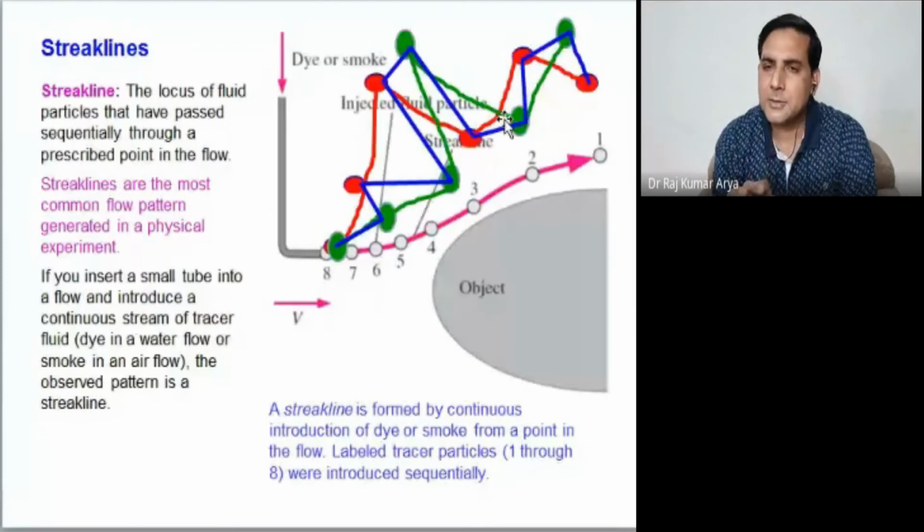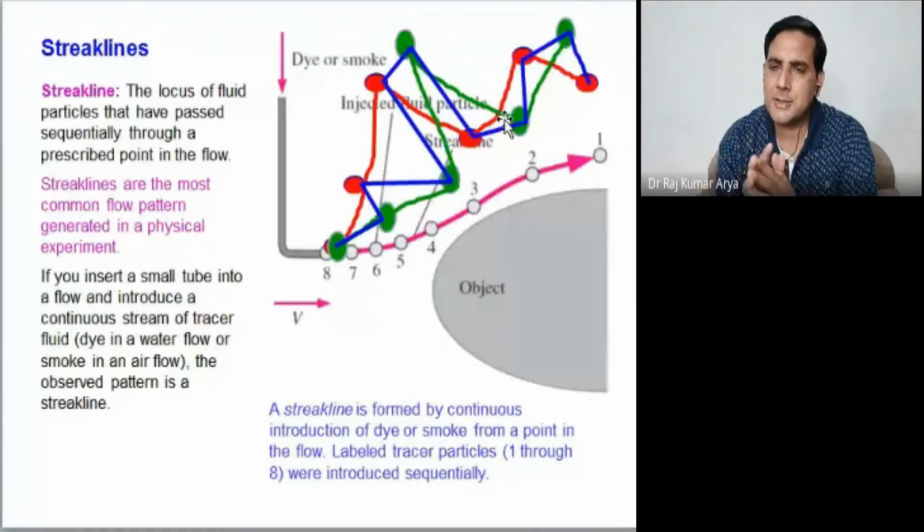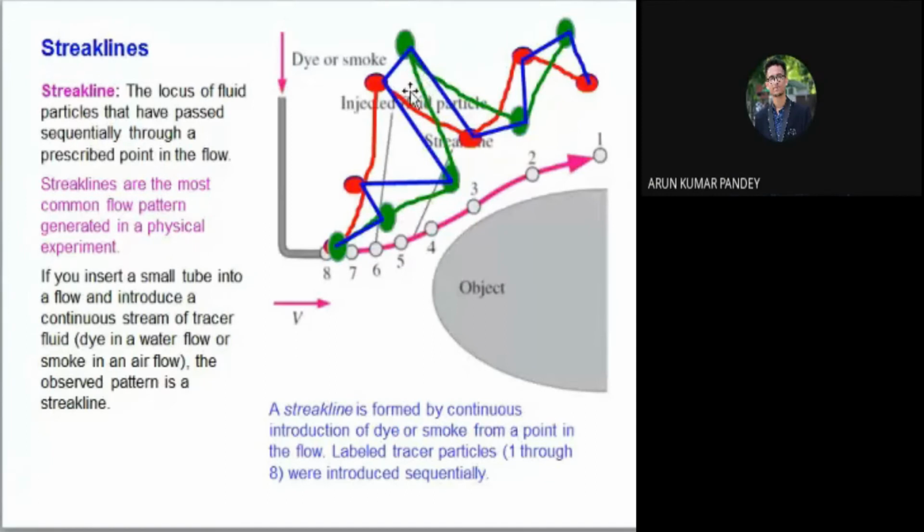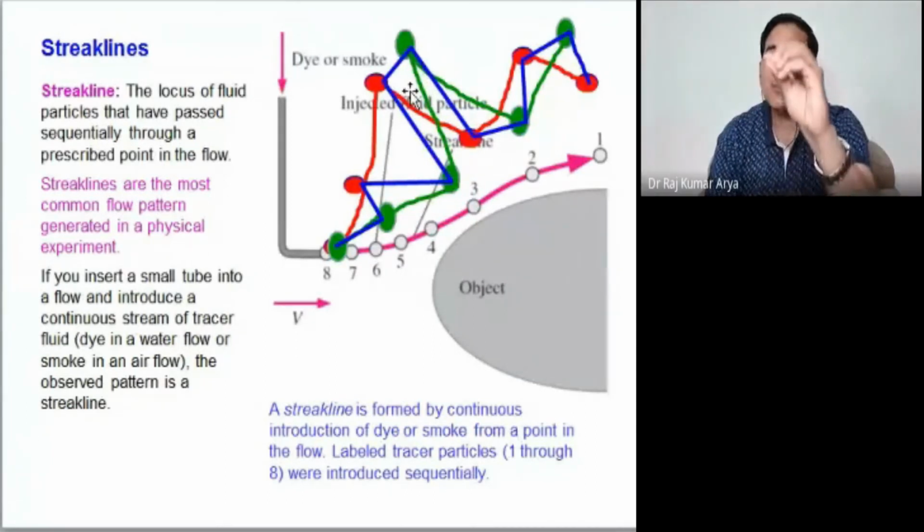Okay? So you can join all of them. You can draw this path line and streak line. Can you draw these now? Yes, sir. Now think about the streamline flow pattern.